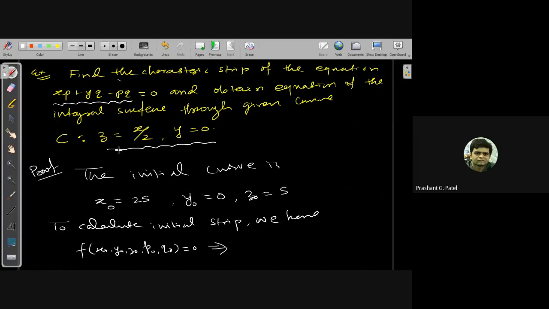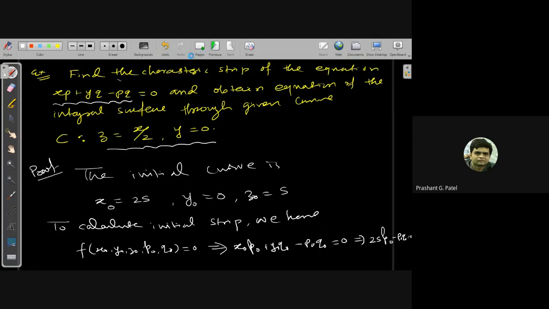That means x0 p0 plus y0 q0 minus p0 q0 equal to 0. That implies x0 is 2s, so we'll have 2s p0, y0 is 0 so this term is not there, minus p0 q0 equal to 0. So this is the one equation we get.